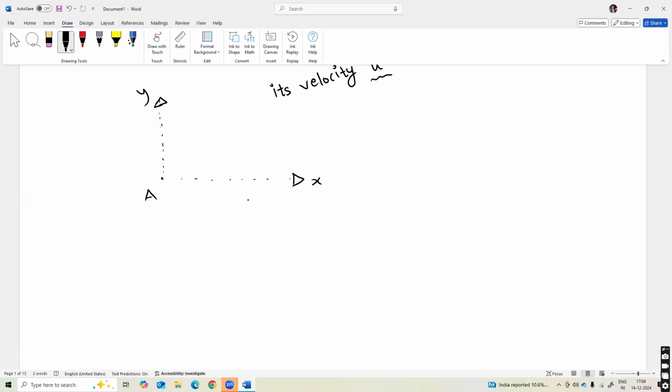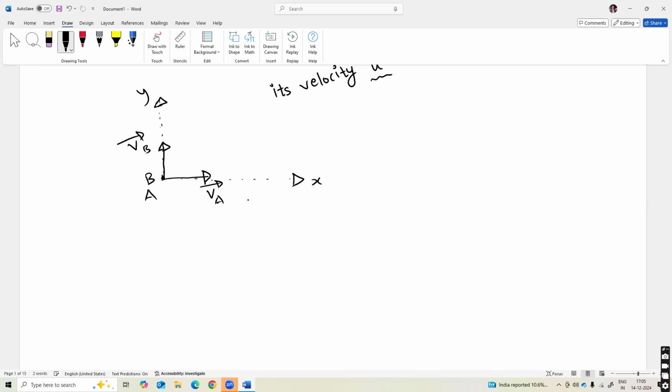So let's say object A is moving at velocity va towards x, and there is one more object, object B, moving from the same point, or maybe from another point, at velocity vb in the y direction.